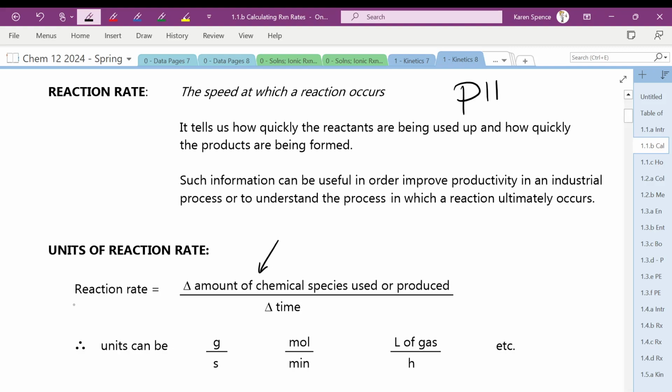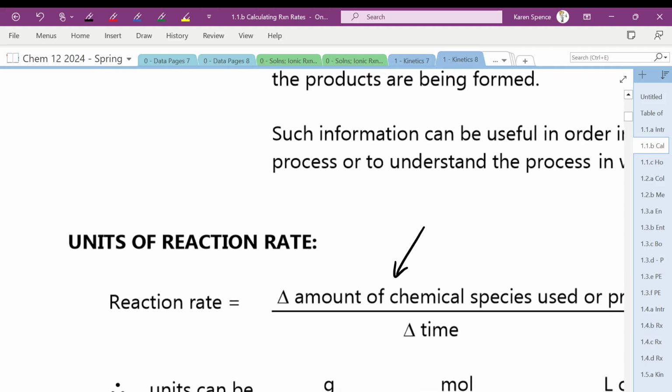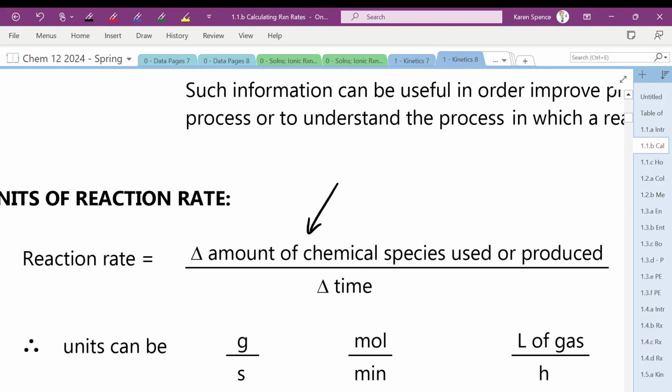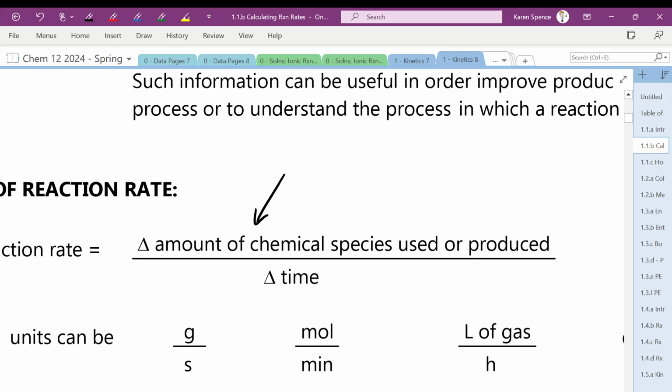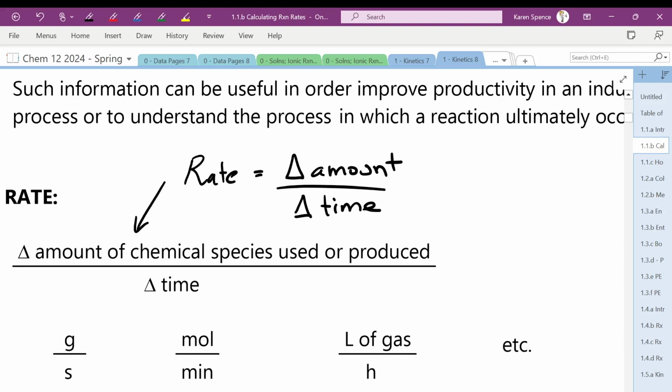So I'm just going to simplify this. We've got reaction rate is equal to the amount of chemical species used or produced over the change in time. So we could simplify that by saying the rate is equal to a change in amount over the change in time, okay?